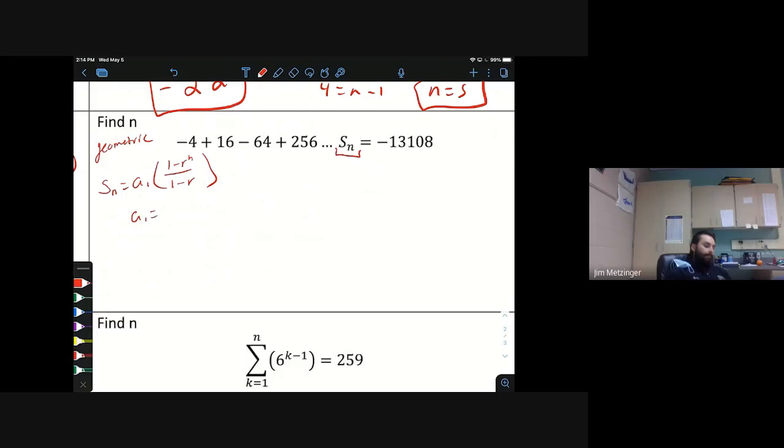A1 is -4, it's the first term. R is what I multiply by, -4. We're looking for n, we know the sum. -13,108 is equal to -4 times 1 minus -4 to the n over 1 minus -4. I got to solve for n.